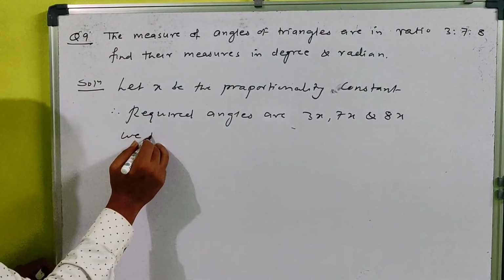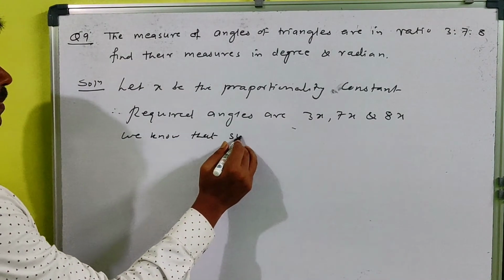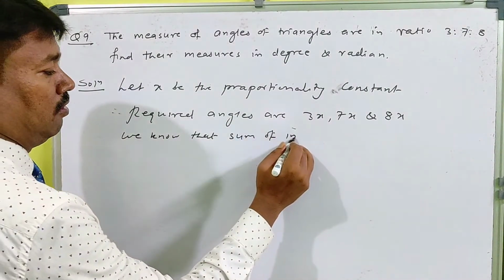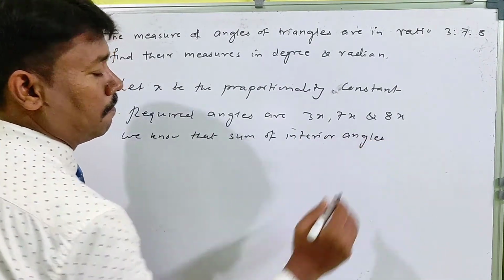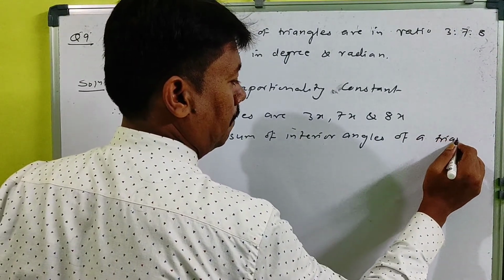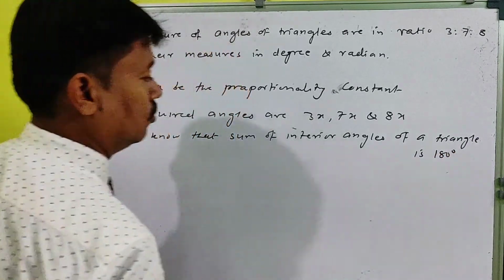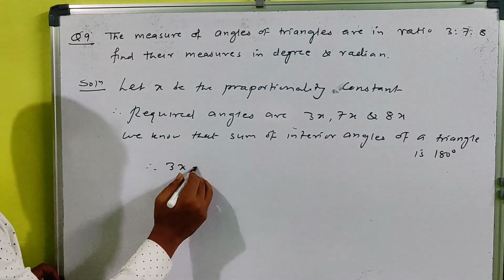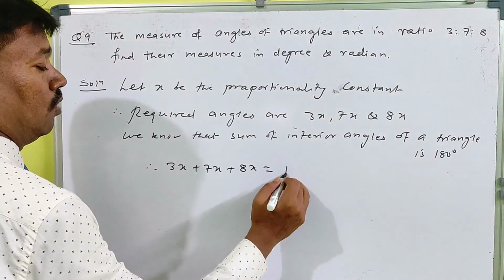We know that sum of interior angles of a triangle is always 180. Therefore, 3x plus 7x plus 8x is equal to how much?